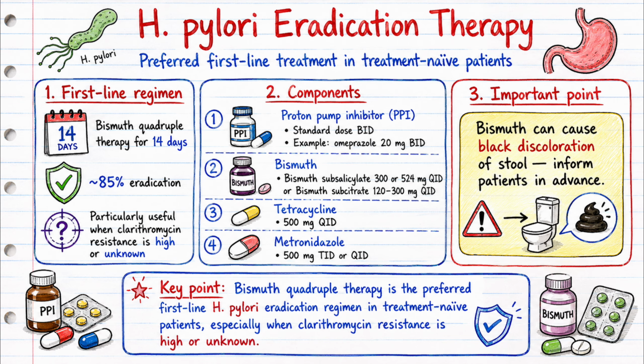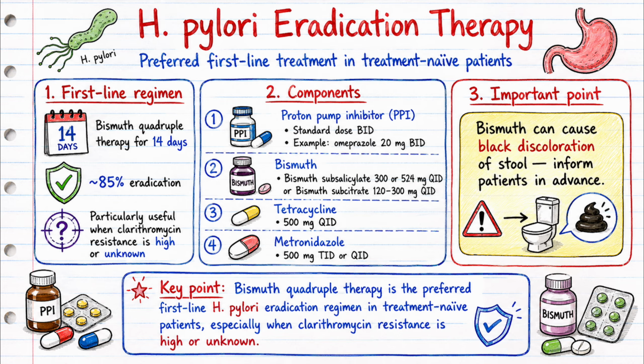However, when H. pylori infection is confirmed, eradication therapy becomes particularly important. A commonly recommended first-line approach for treatment-naive patients, especially when clarithromycin resistance is high or unknown, is 14-day bismuth quadruple therapy. This regimen includes a proton pump inhibitor, bismuth, tetracycline, and metronidazole.